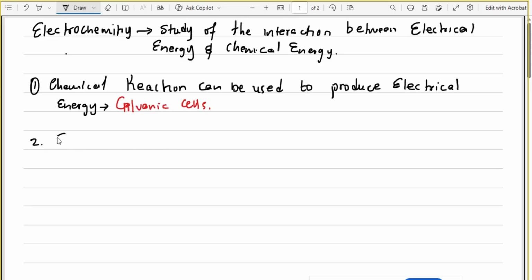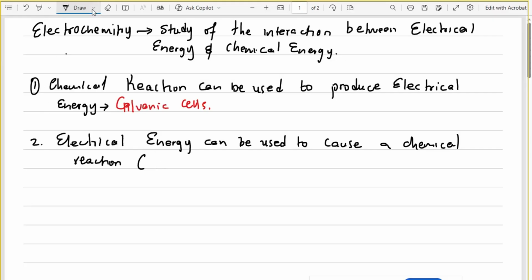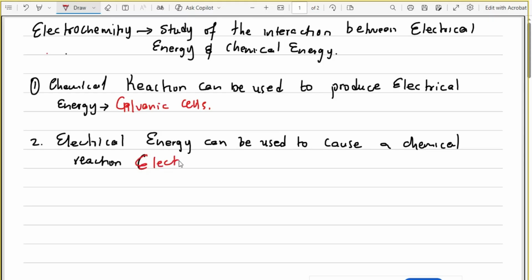The next one is when electrical energy can be used to cause a chemical reaction, and this will happen in electrolytic cells. It's simple.